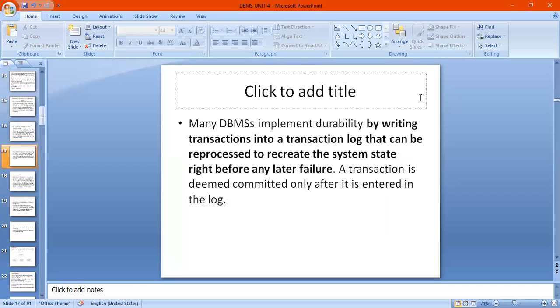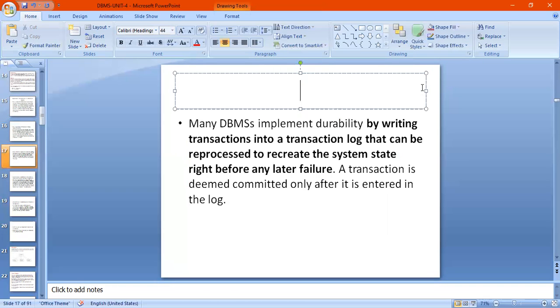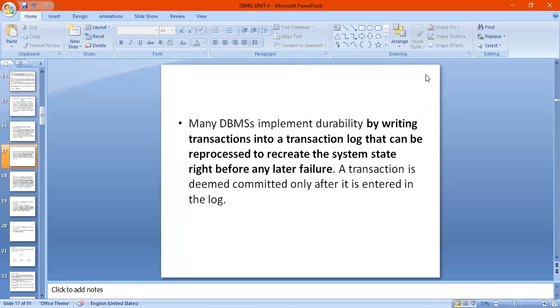Many databases implement durability by writing transactions into the transaction log that can be reprocessed to recreate the system state right before any later failure.